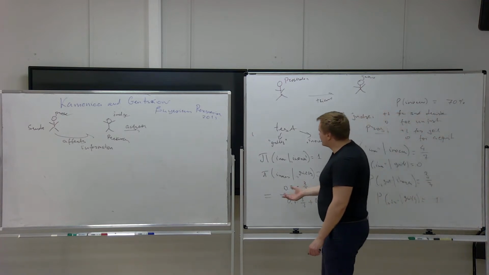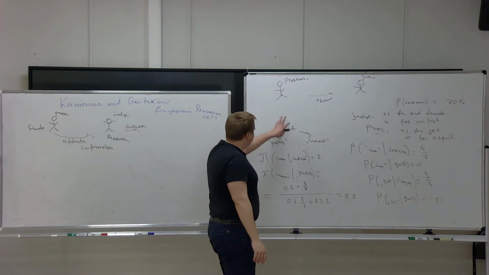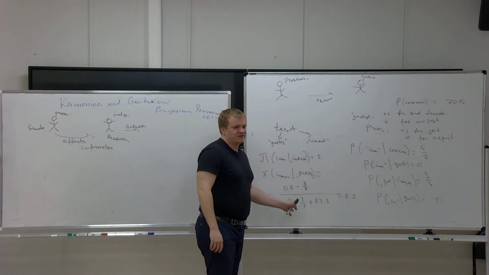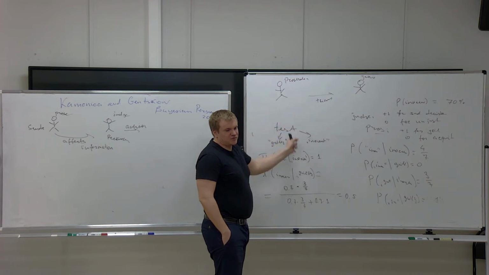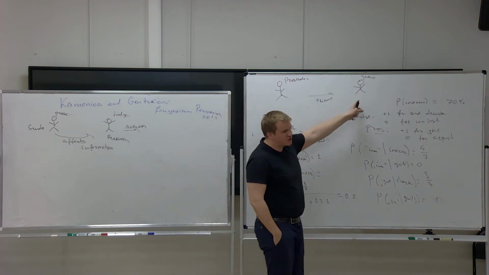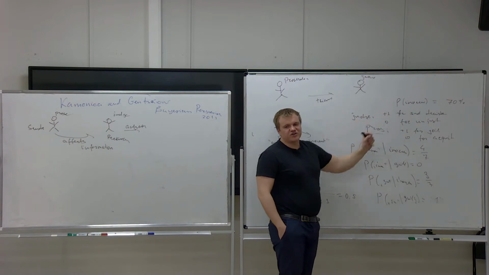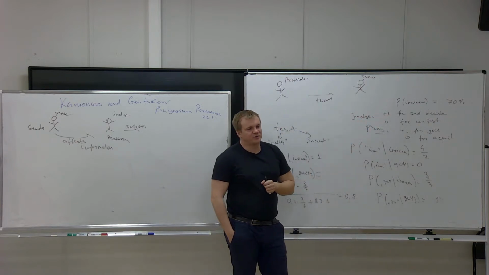Okay, so it shows you that maybe there is a way to devise a test for the prosecutor which would affect the judge and make the judge take the optimal decision for the prosecutor.